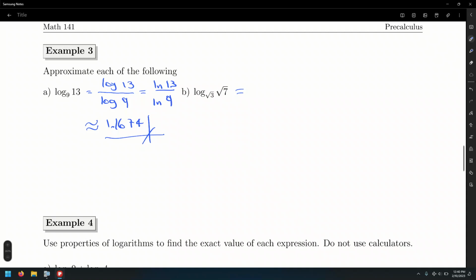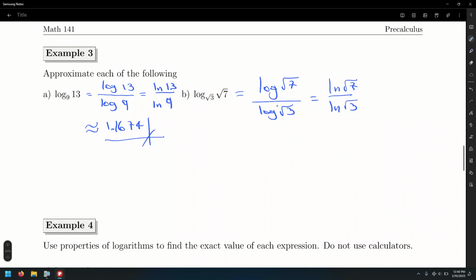But again, we can either evaluate this as log of the square root of 7 over log of the square root of 3, or actually ln of the square root of 7 over ln of the square root of 3. Can we rewrite this as a quotient of two logarithms or even another base? Of course, you can use your favorite base. These two are base 10. These two are base e.